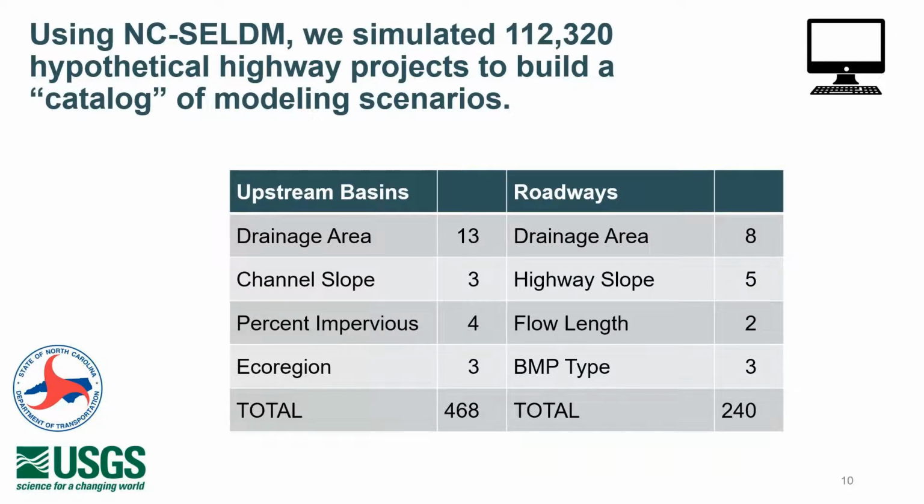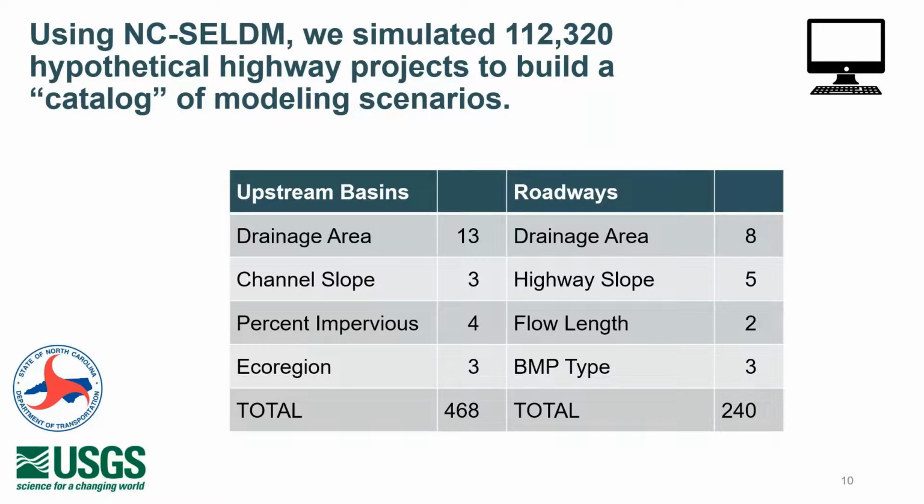Likewise, for highways, we looked at 240 combinations, and we varied drainage area sizes, highway slopes, flow lengths, and most importantly BMP type. So the 3 BMP types we looked at were runoff that was not treated by a BMP, runoff that is treated by what North Carolina calls minimum measures, that means generally a typical roadside conveyance swale, and then also the BMP toolbox, which is a more involved type of best management practice, like a bioretention cell, for example.